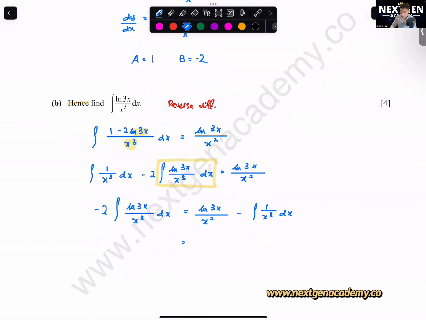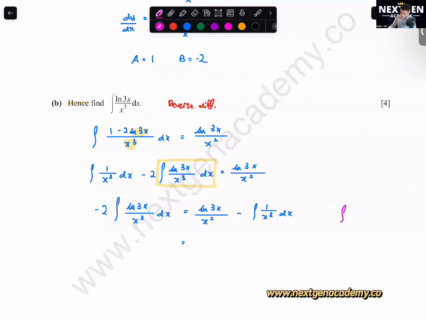Okay, we can integrate this first. How to integrate 1 over x cubed?